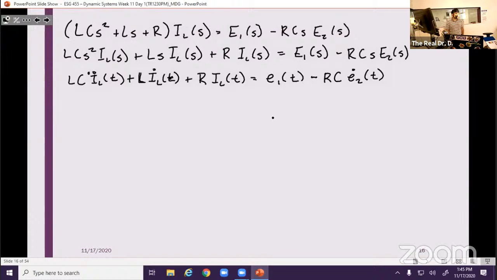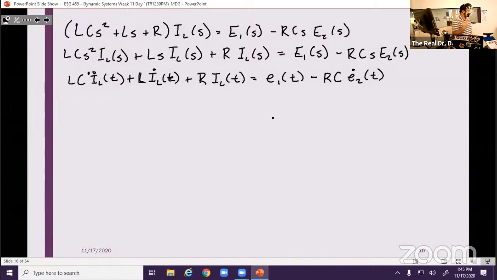So you have a transfer function for I L with respect to E1 and E2. You have a transfer function for E sub C with respect to E1 and E2. This particular equation allows us to get the transfer functions for I sub L. If we wanted the E sub C transfer functions, we would have to have solved this in terms of E sub C.